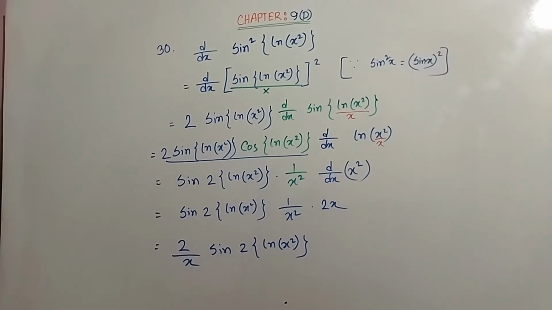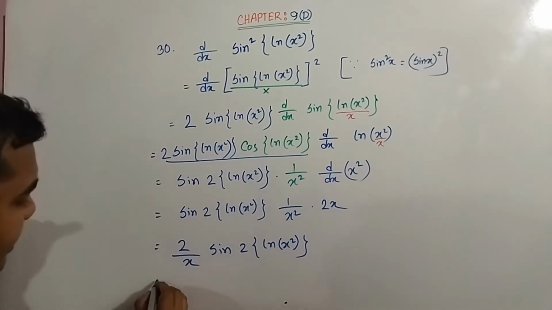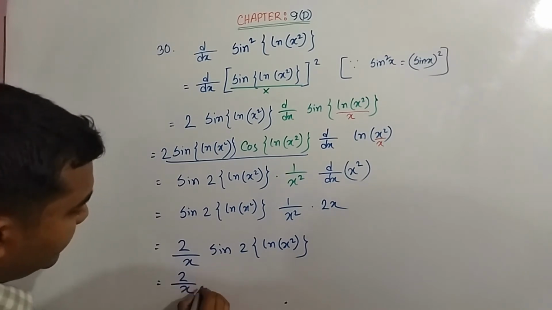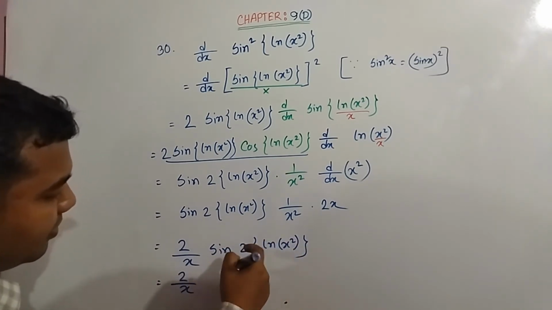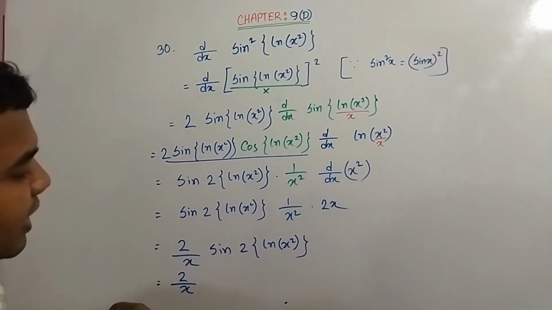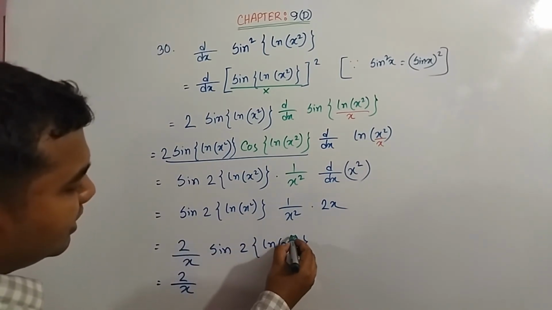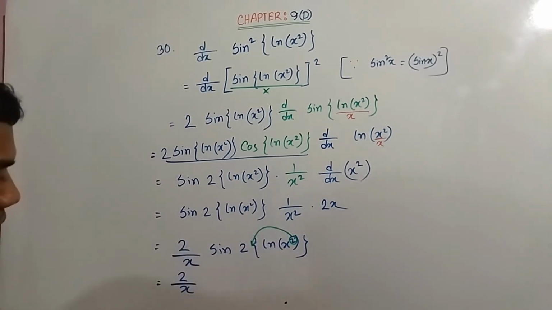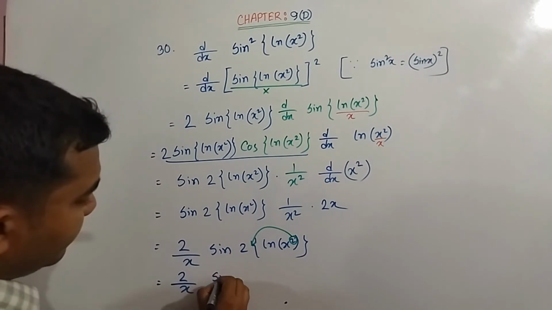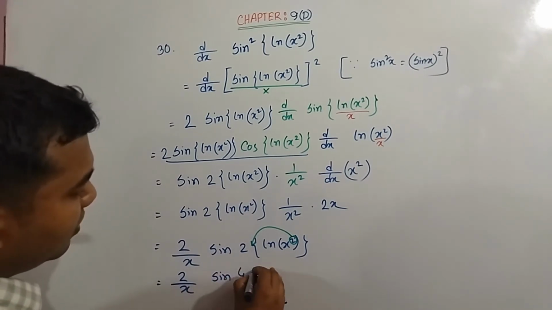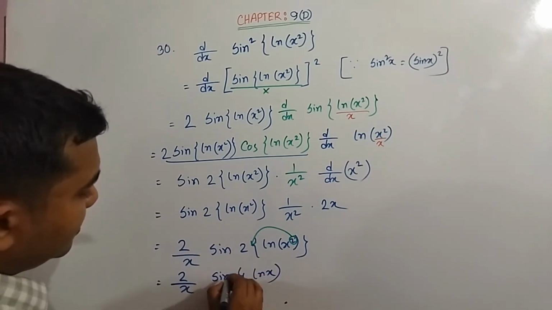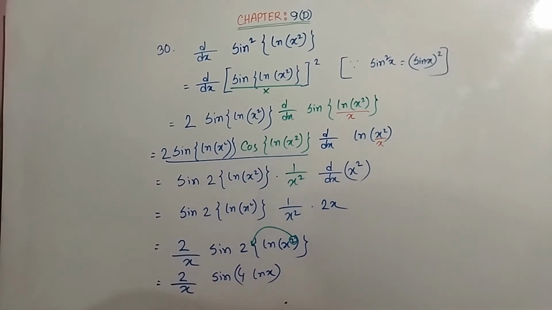Or you can write another line in here, that is 2 by x. This 2 will become this word, because we know that for log, the power can come in front. So it can be sine 4 ln x. That can be the answer.